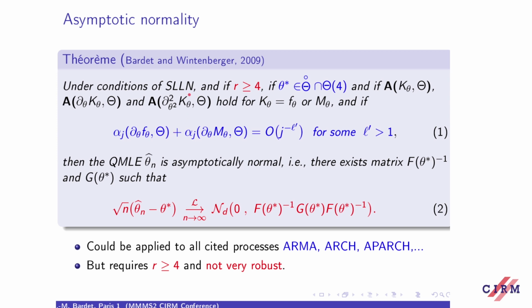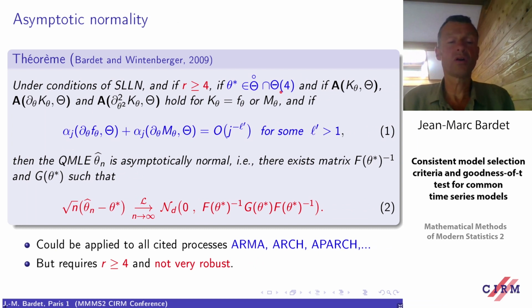So under the previous conditions, if we assume that r is greater or equal to 4, and if we have some stationary causality condition with r equal to 4, and if we also have some Lipschitzian conditions for the F and f theta and m theta, but also the first derivatives and also the second derivatives of both those functions.